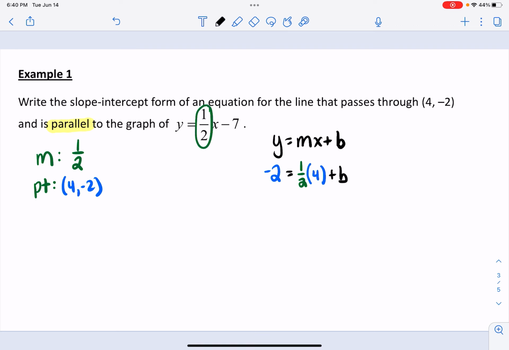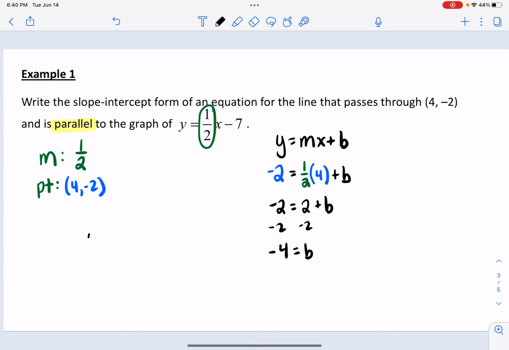From here, I solve. I have -2 equals 1/2 times 4, which is 2, plus b. I subtract 2 over. Look how even myself, as a math teacher for many, many years, is still showing that works so that I get the correct -4 for my b. So y equals mx plus b.